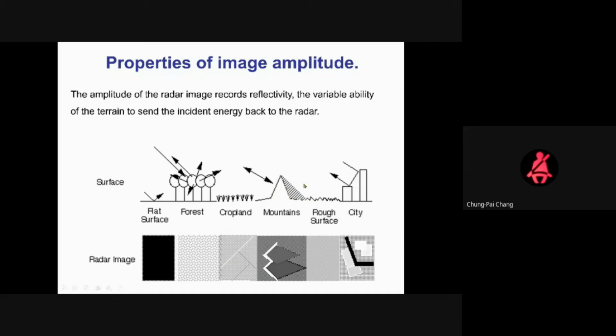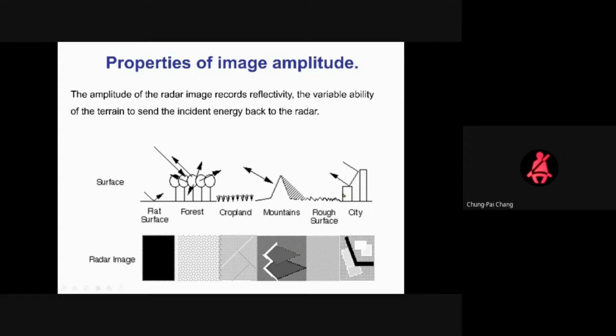This is the other side. So here you will have a shadow, but a longer shadow area. And for the slope facing the satellite, you have stronger reflectance, stronger amplitude, but the slope will be shorter.